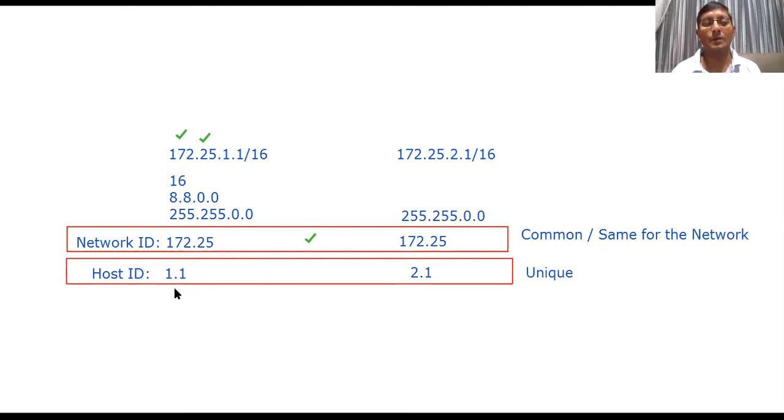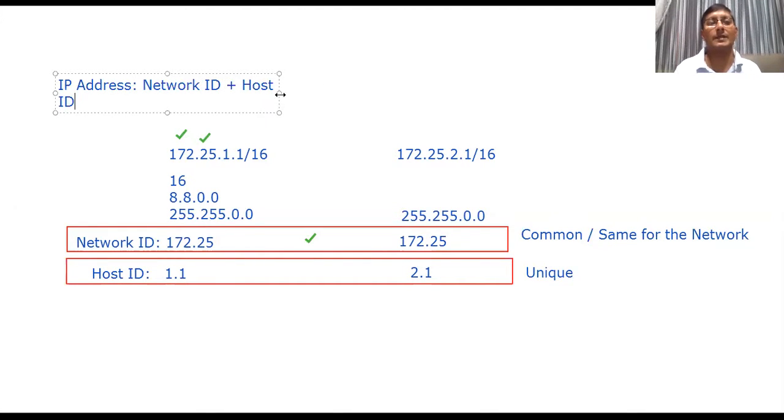That's the reason the host ID must always be unique. So the combination of network ID and host ID is what we call an IP address. We normally learn an IP address simply as a value, but it's nothing but a combination of network ID plus host ID.